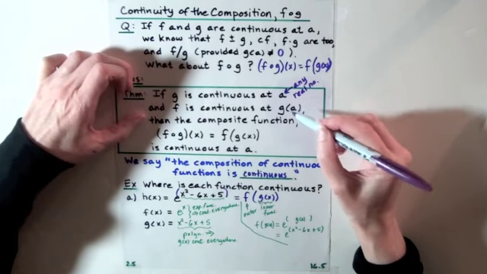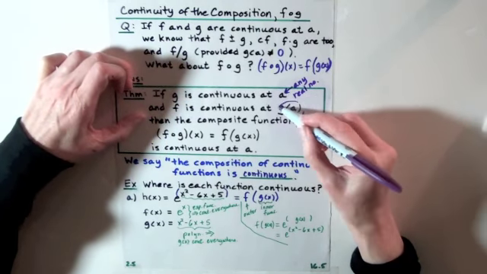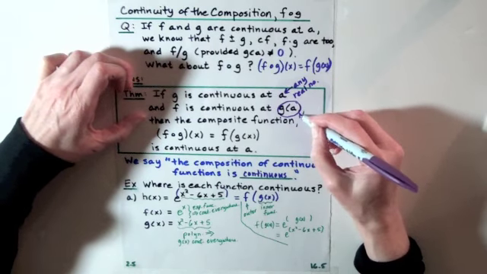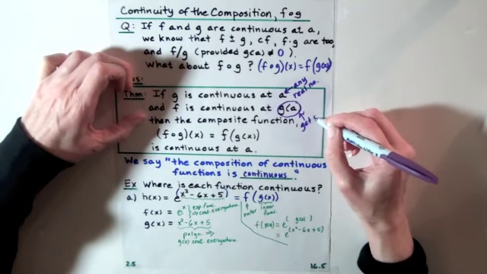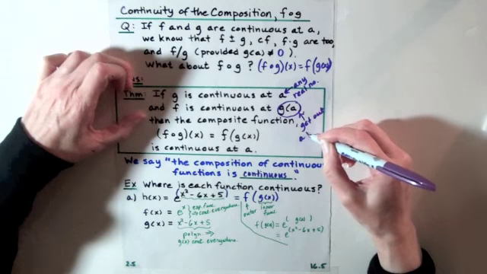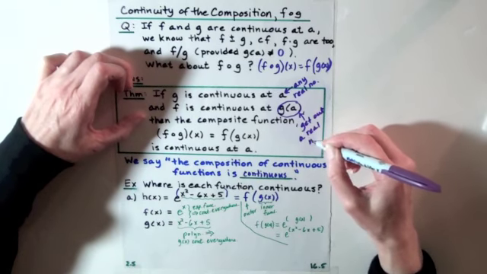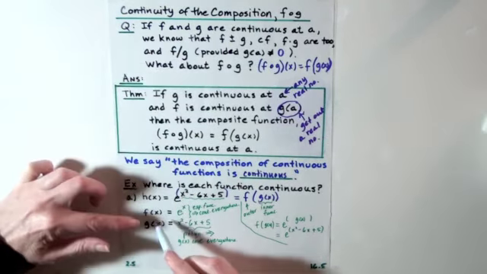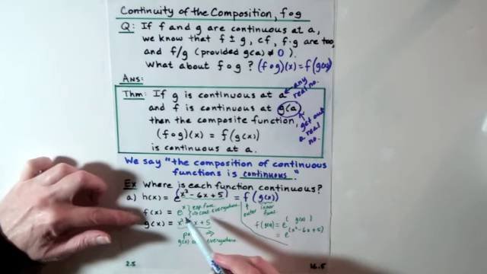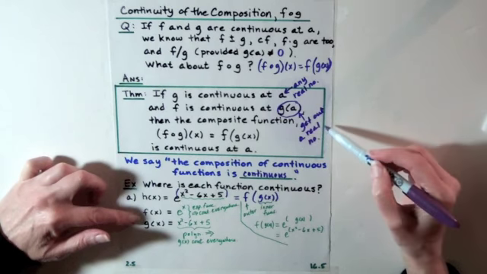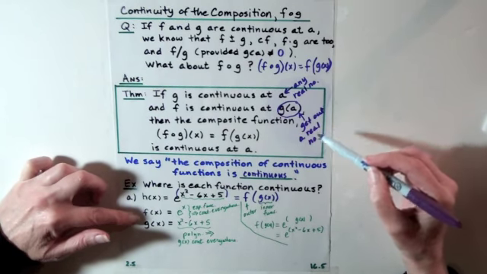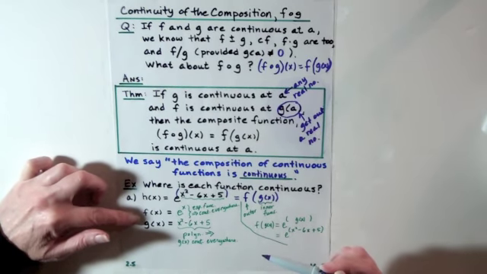I plug a into g and I get some real number out. And f of x, which is e to the x, is also continuous at every real number. So no matter what real number I get out of g, f will be continuous there.